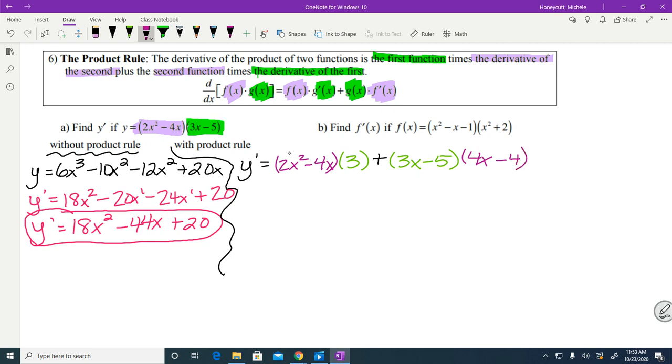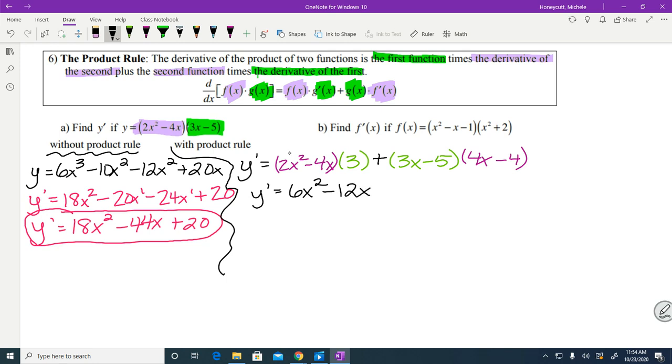So from here, I've taken the derivative already. Notice I'm using my derivative notation. I've already taken the derivative, I'm not rewriting. And then from here, I can just simplify it by multiplying everything out. So y prime equals, distribute the 3, I have 6x squared minus 12x.